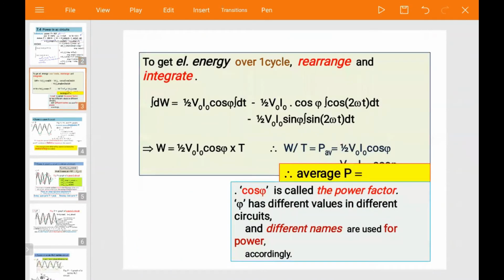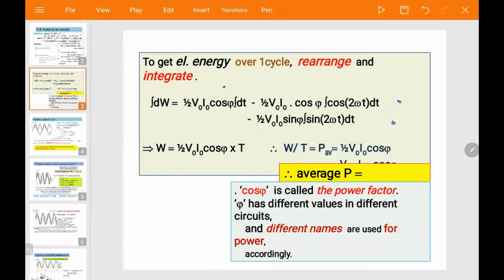You substitute for sine omega t, and you look at the mathematics, you get cos phi V0 I0 times these 3 terms you see there.